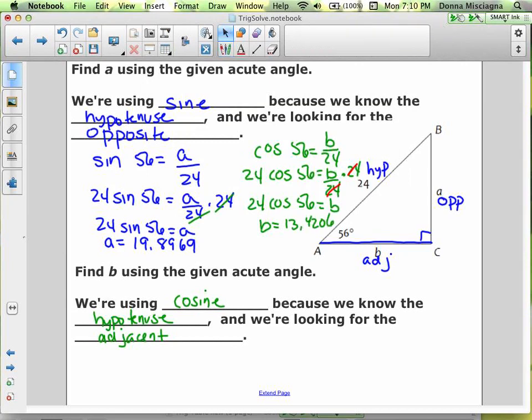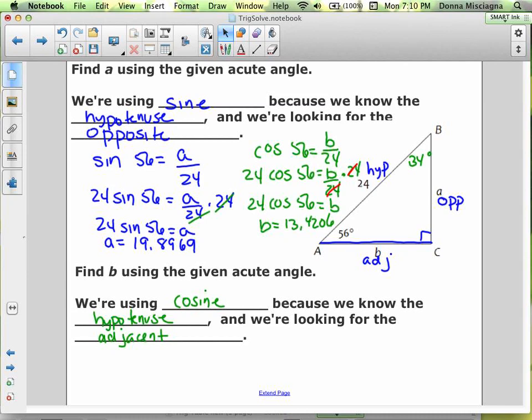Notice that that side is smaller than the other leg, which makes sense because this angle here is only 34 degrees. And remember, smaller sides are opposite smaller angles. So there we go. We have solved for A and B in this triangle.